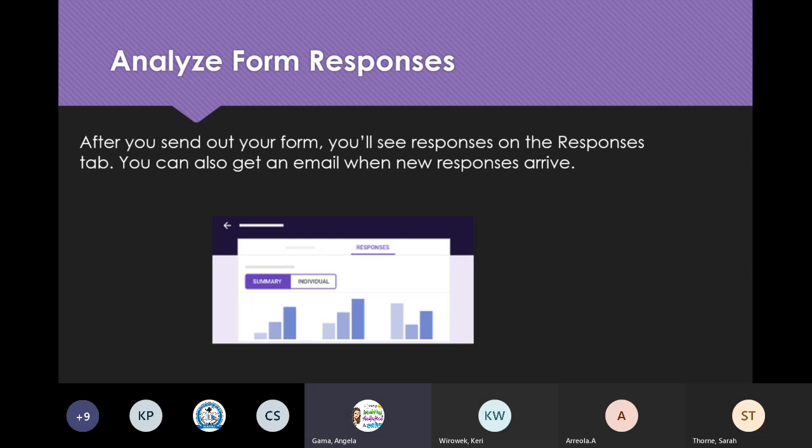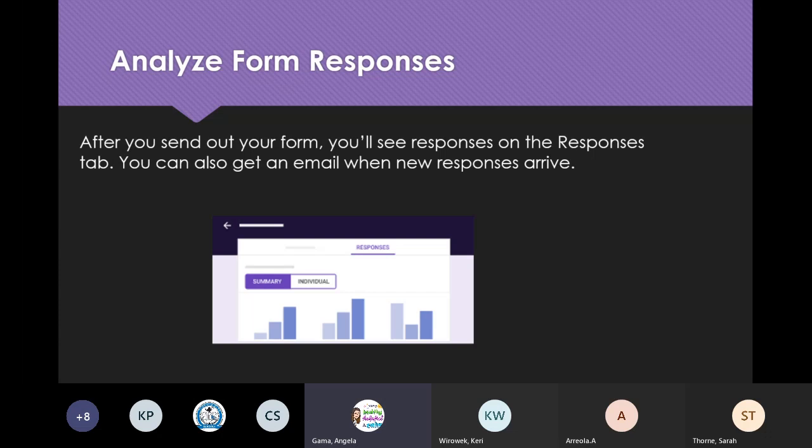After you send out the form, you are going to be able to analyze any responses that come in. You may want to be checking your form periodically. You just access it again in your Google Drive, and you're going to click on the responses tab that is next to the questions tab there in your form when you open it.